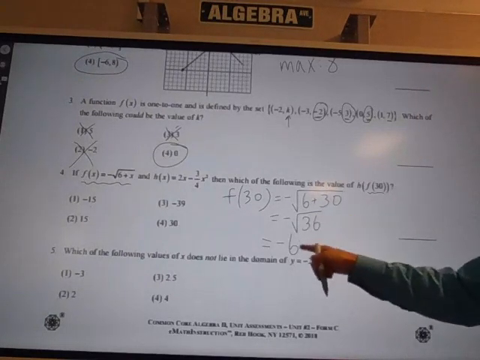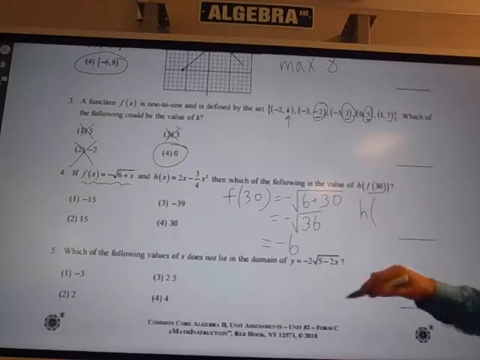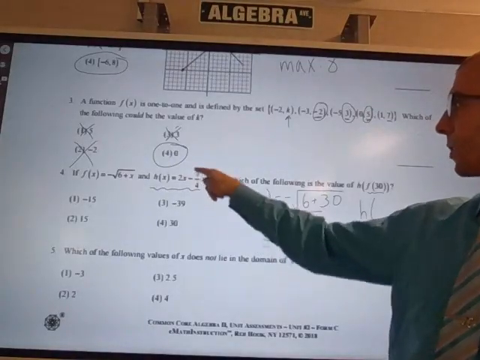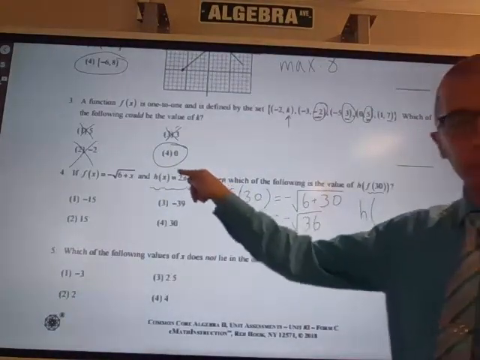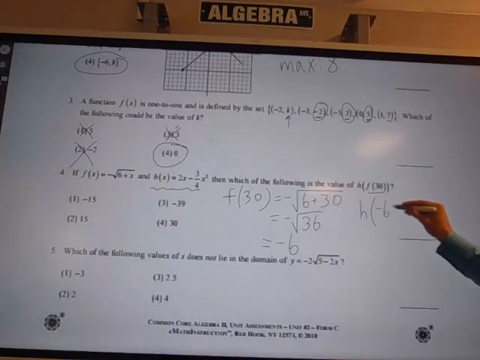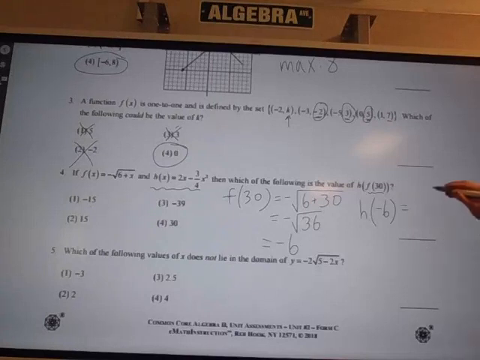Okay, so now this is our first output, which becomes the input into h of x. So now we switch gears and we're focused on this function here, this fancy, somewhat messy looking function. So I now evaluate h of -6: 2 times parentheses -6, minus 3/4 times parentheses -6 squared.